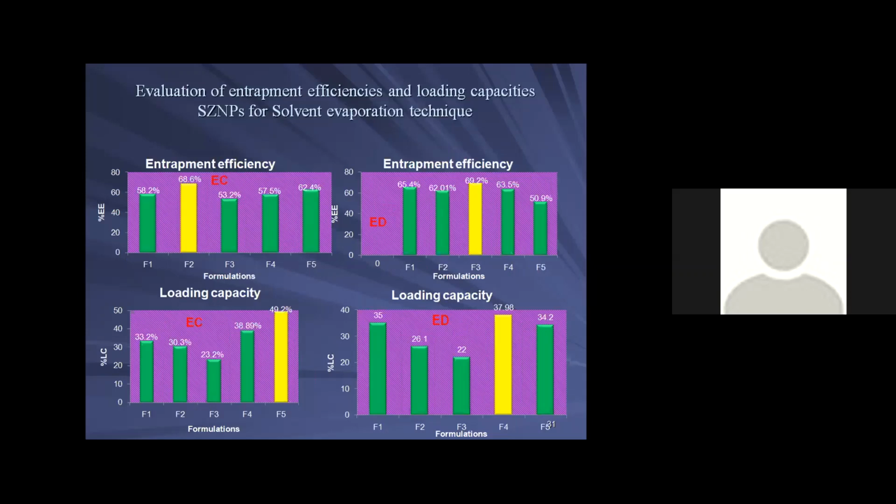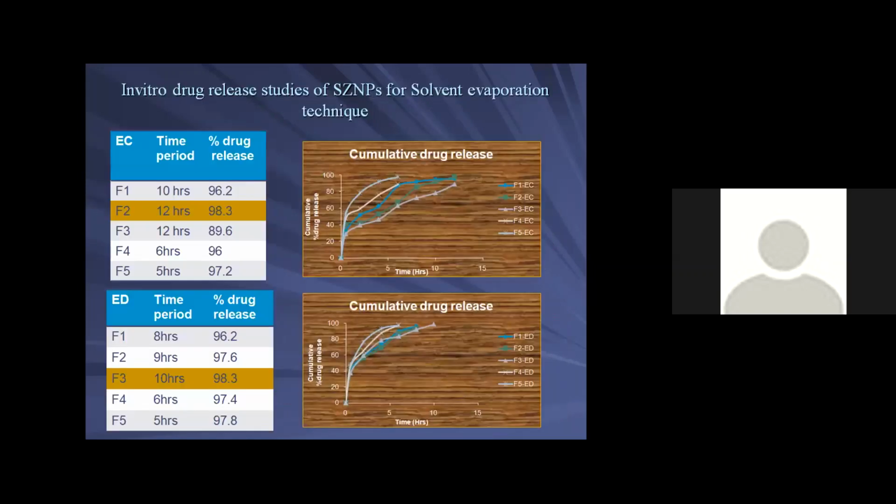In nano formulation, entrapment efficiency is one of the most important parameters, because if you reduce the particle size, the ability to entrap the drug also declines. So correlating these 2 factors, mean particle diameter and entrapment efficiency, it is a challenging task to prepare a nano formulation.